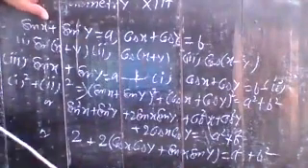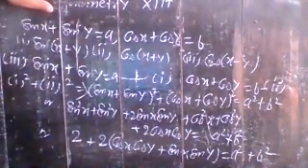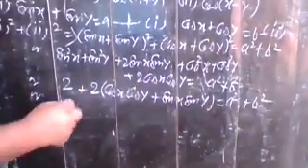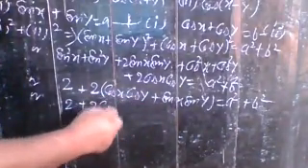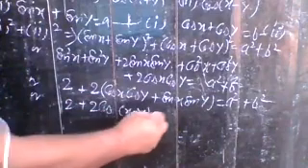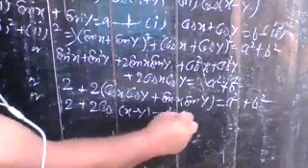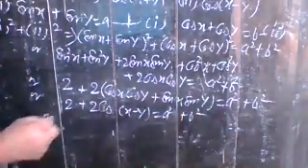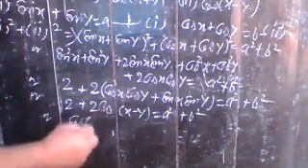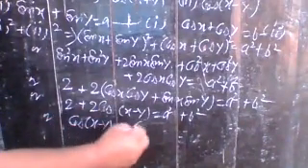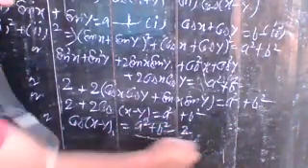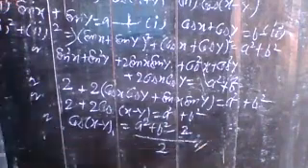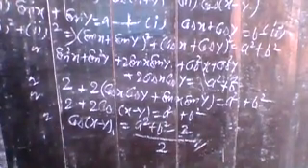Now here you have the identity of cos(x−y), so 2 plus 2 cos(x−y) is equal to a square plus b square. Or you can write the value of cos(x−y) is equal to (a square plus b square minus 2) whole divided by 2. Note it. So that gives the value of cos(x−y).